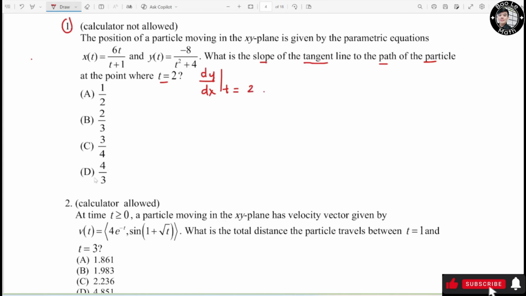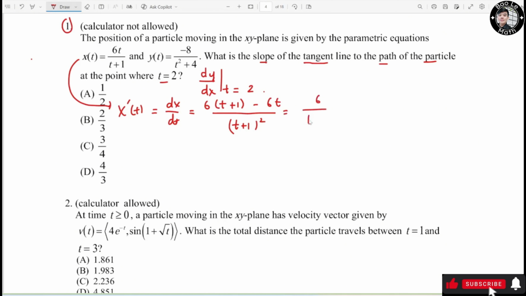In order to do this, we need to take derivatives with respect to t. So x prime of t equals dx over dt, which is the quotient rule expression, giving us a result over t plus 1 squared.